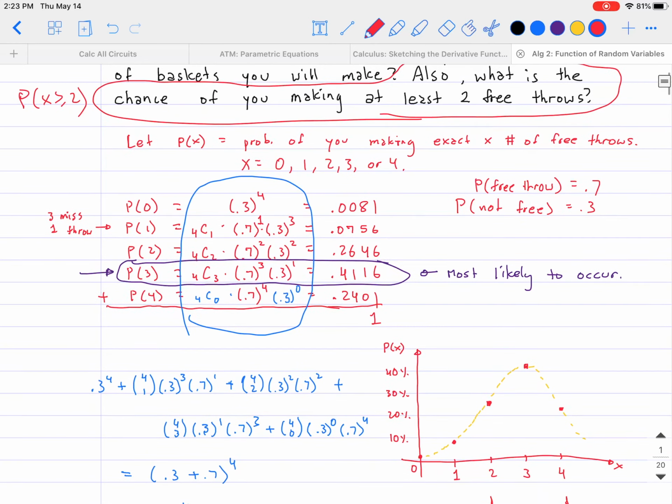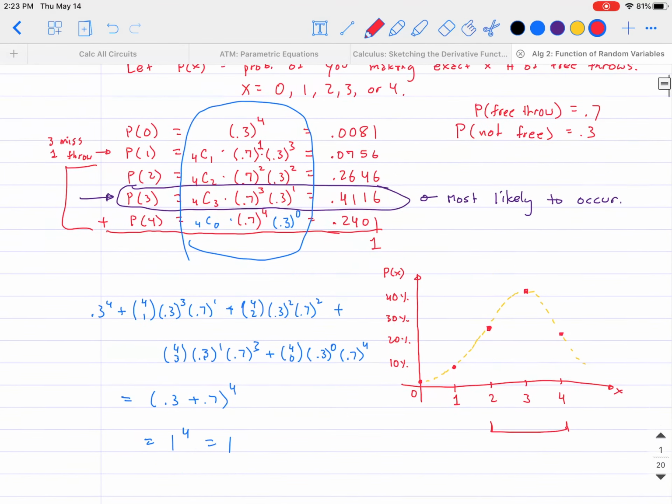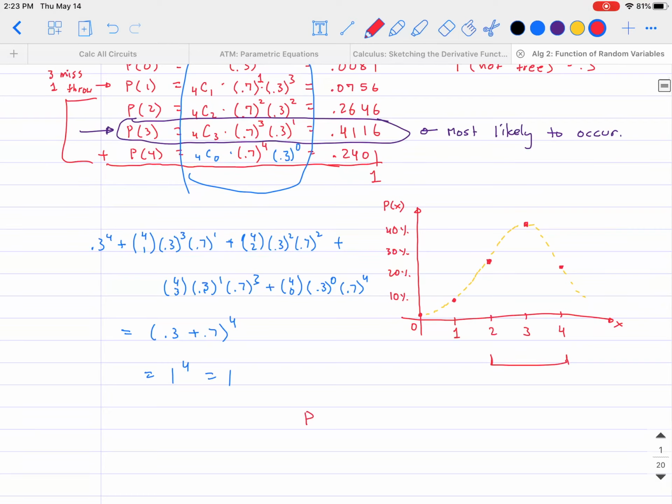The best way to do that is basically to isolate those terms and add them all up. So in short, P of x greater than or equal to 2 is equal to P of 2, the exact probability of making exactly 2 free throws, plus the probability of making exactly 3, and then plus the probability of making exactly 4. If you add them all up, that should be your answer.